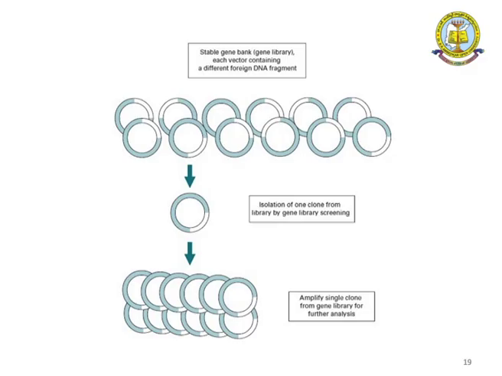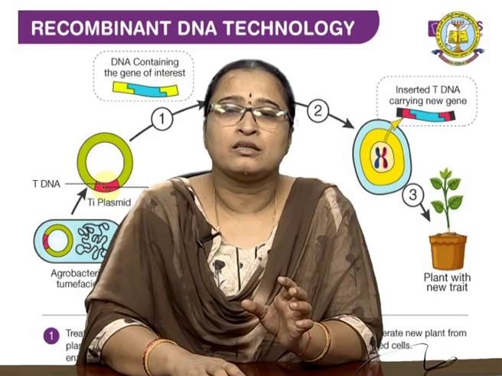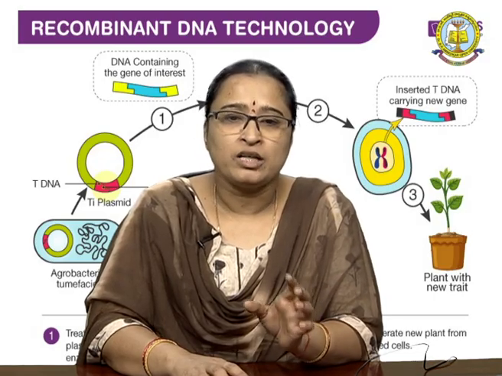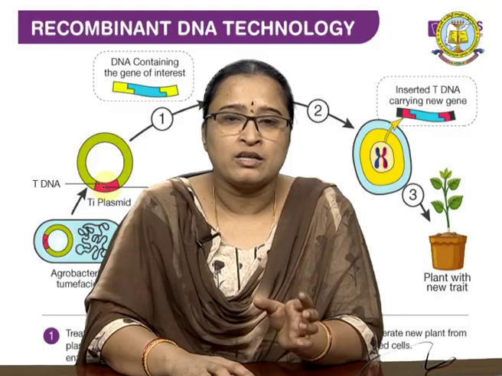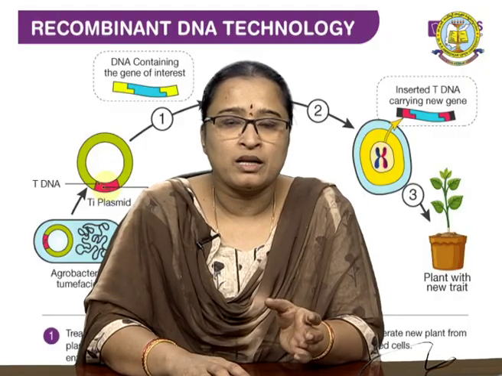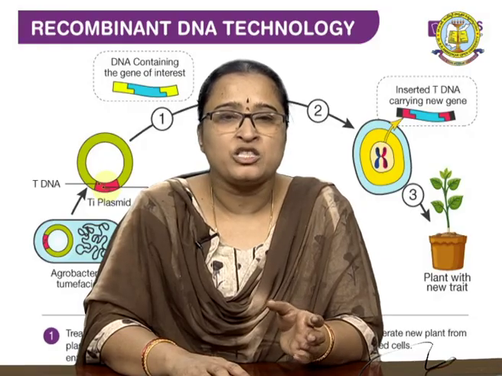The light color is another bacteria's DNA, and the dark color part is called the plasmid. In the total gene bank, meaning gene library, each and every vector contains different foreign DNA fragments. After cutting, next is isolation of the gene from the library.